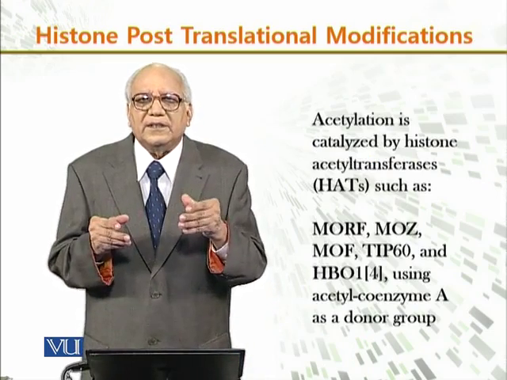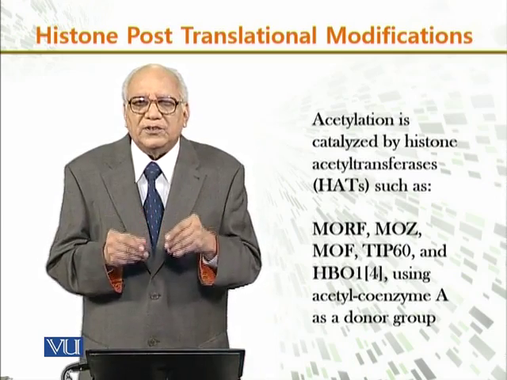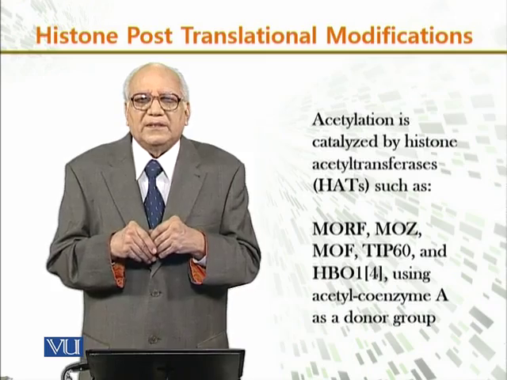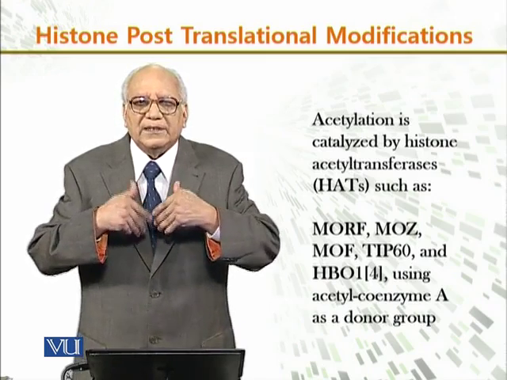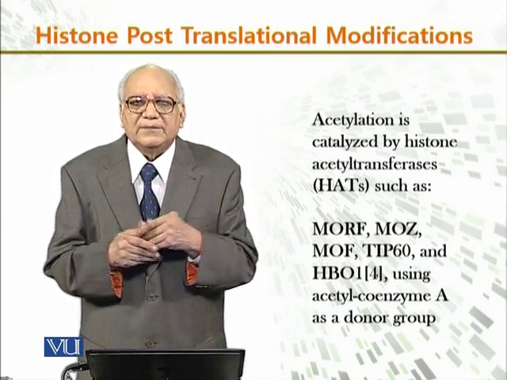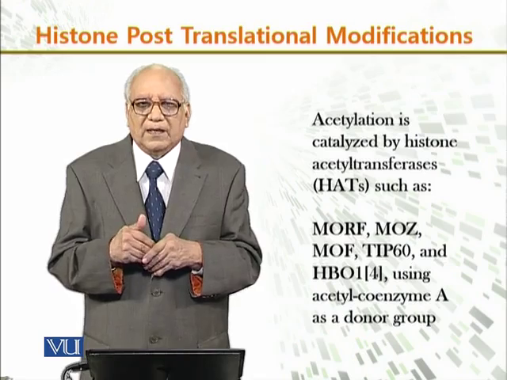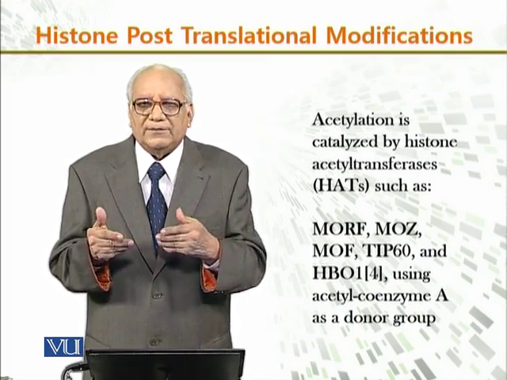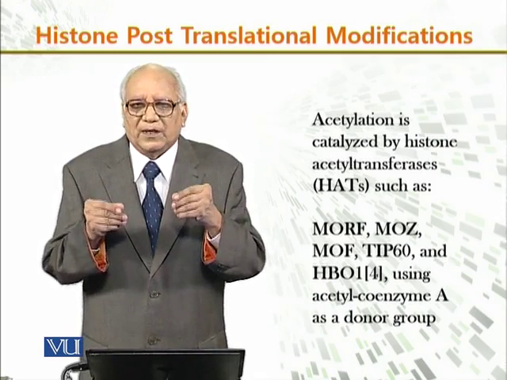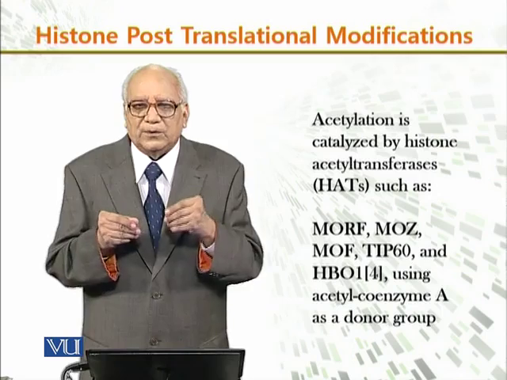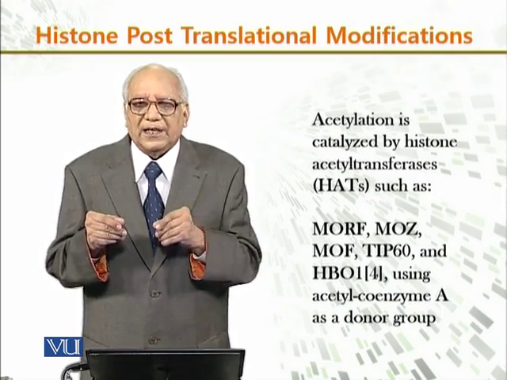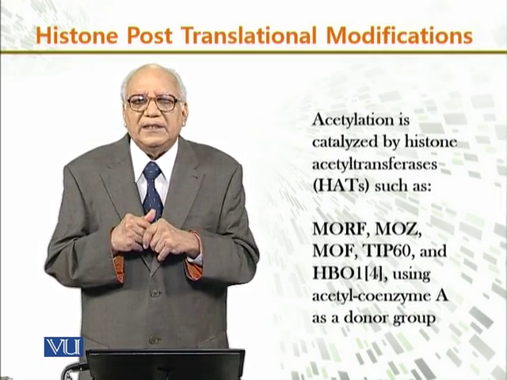Acetylation is catalyzed by histone acetyltransferases, which are HATs. ये जो हैं, ये क्या करते हैं कि जो एसिटाइल ग्रुप है उसको ट्रांसफर कर देते हैं टू द DNA, briefly known as HATs: MORF, MOZ, MOF, TIP60, and HBO1, using acetyl coenzyme A as a donor group.